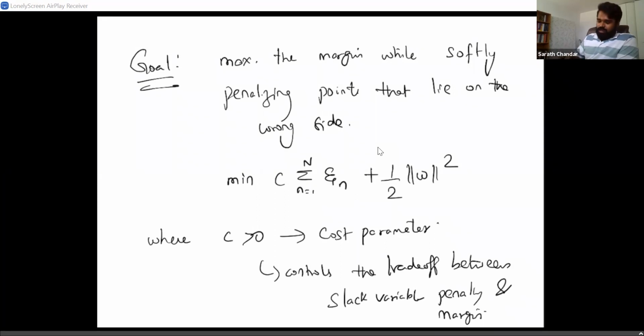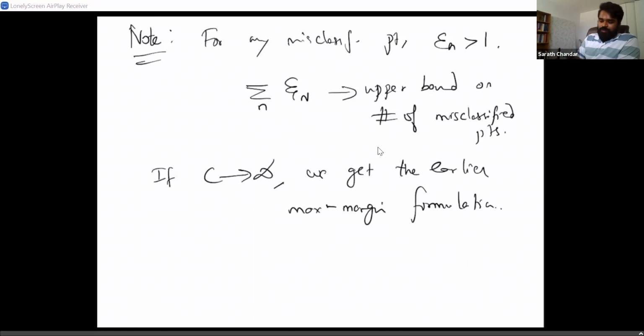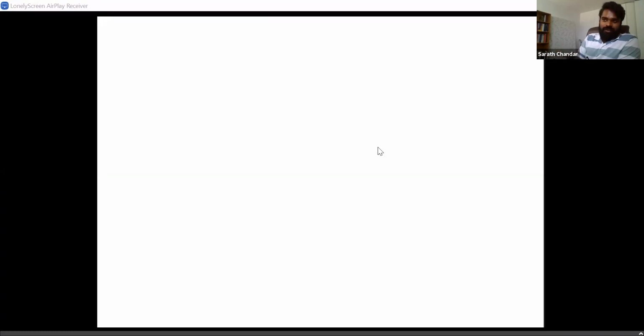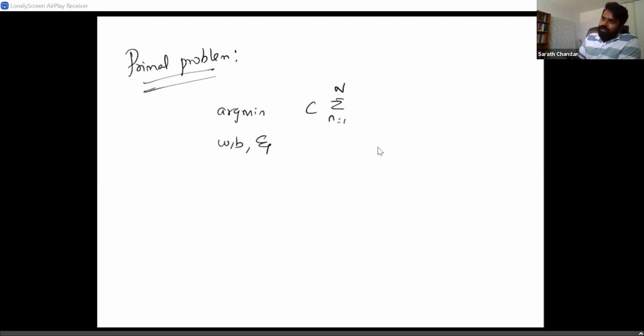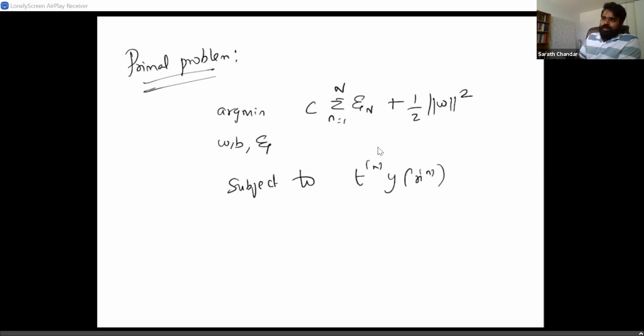Now I can write the primal problem for this soft or relaxed version. The primal problem is given as arg min, now instead of just w and b, we also have epsilon, of C times summation over n equal to 1 to N of epsilon n plus 1 over 2 norm of w squared, subject to a bunch of constraints. The first constraint is t_n y(x_n) greater than or equal to 1.